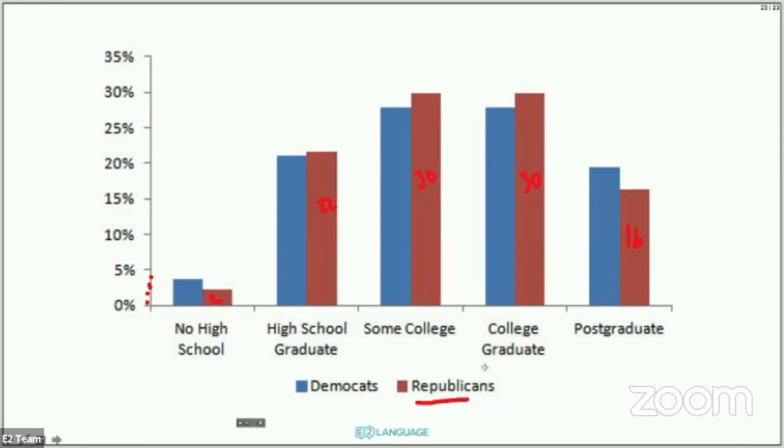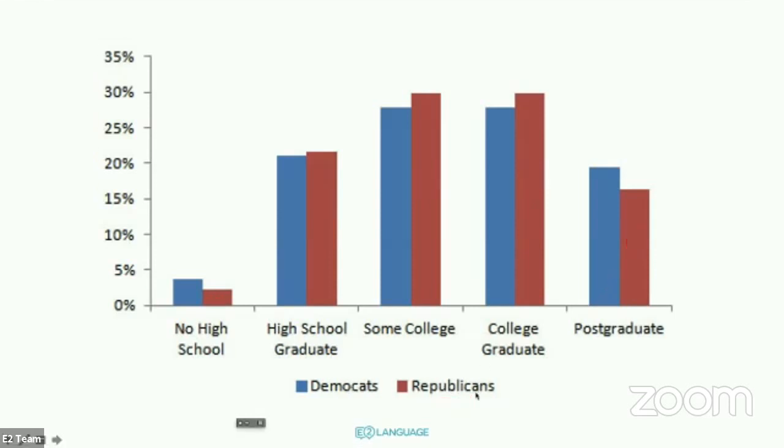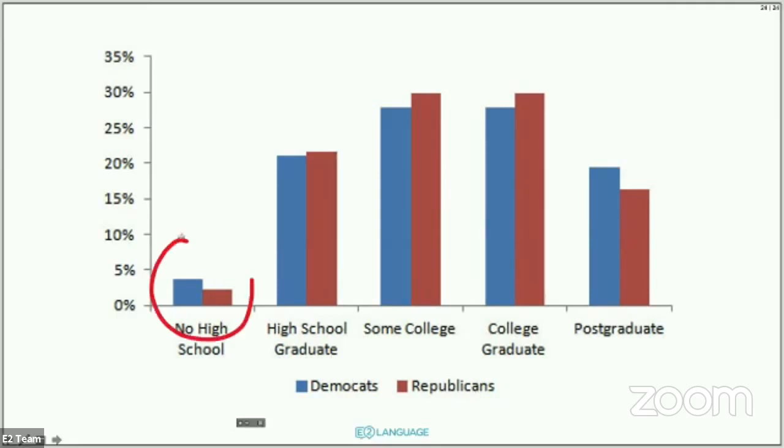Okay, that's fine. So we've understood Democrats, we've understood Republicans. Let's now think about comparing the two because we're going to have to do that. No high school. So more Democrats, it should say Democrats, by the way, that's a spelling mistake. So more Democrats have no high school.